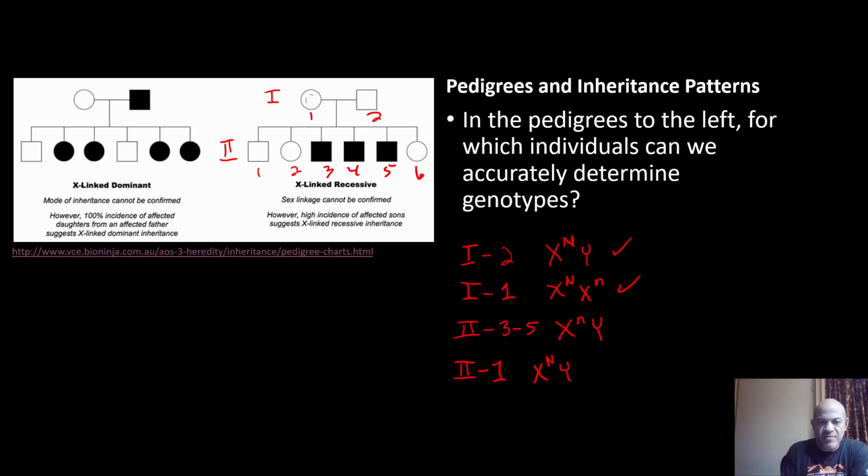As far as the females, number 2 right here and number 6 in the second generation, it would be impossible without knowing what kind of children they would have later, if they grow up and have children in the next generation, to say with any degree of certainty what their genotypes are.